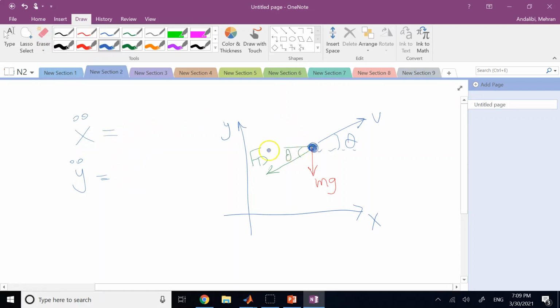So here you have Fd cosine of theta in the negative x direction. So x double dot is going to be negative Fd times cosine theta divided by m. And y double dot is going to be negative g and negative Fd sine theta divided by m. Okay, because the Fd sine component is going to be added to mg.